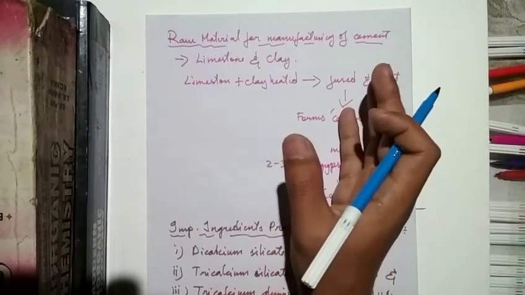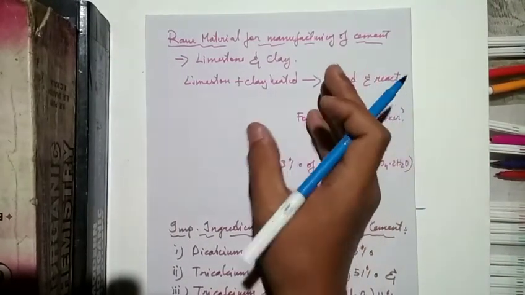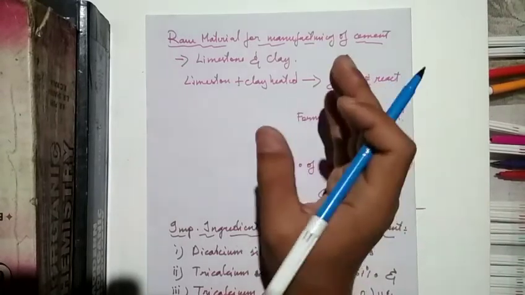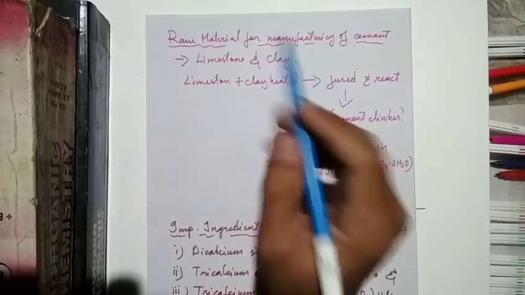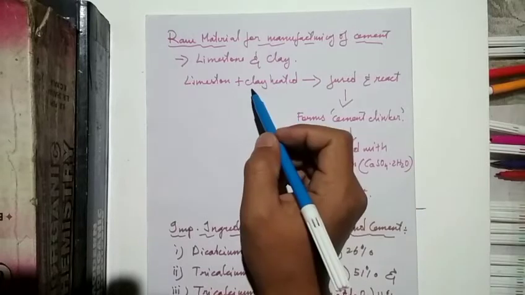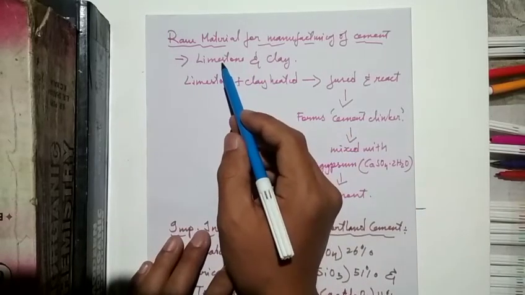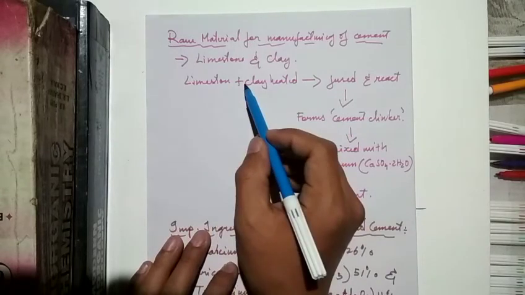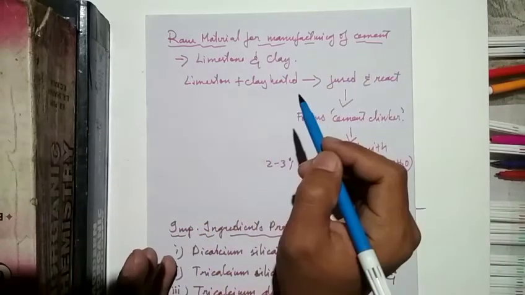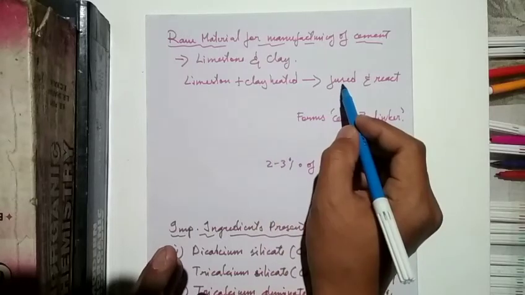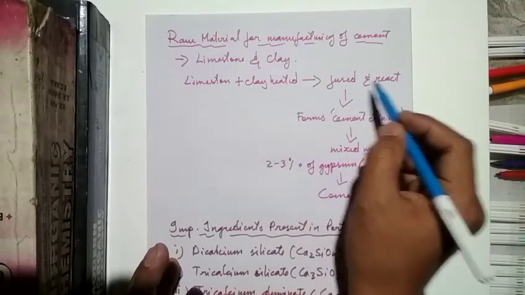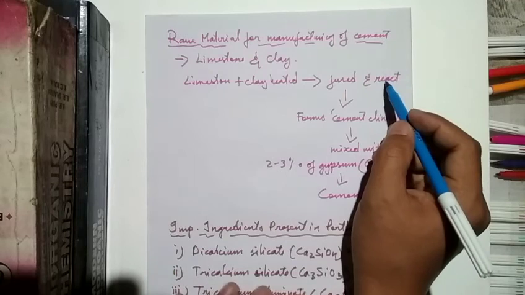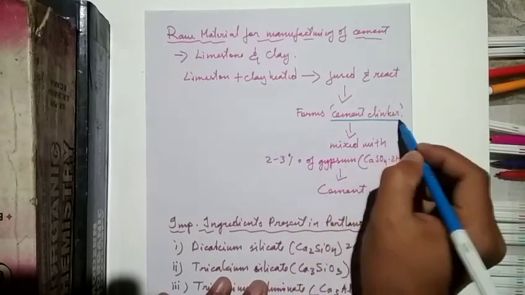Now the raw materials. What are the raw materials for manufacturing cement? There are 2 raw materials, mainly limestone and clay. They are mixed and heated, and after heating they get fused together and react to form cement clinker.